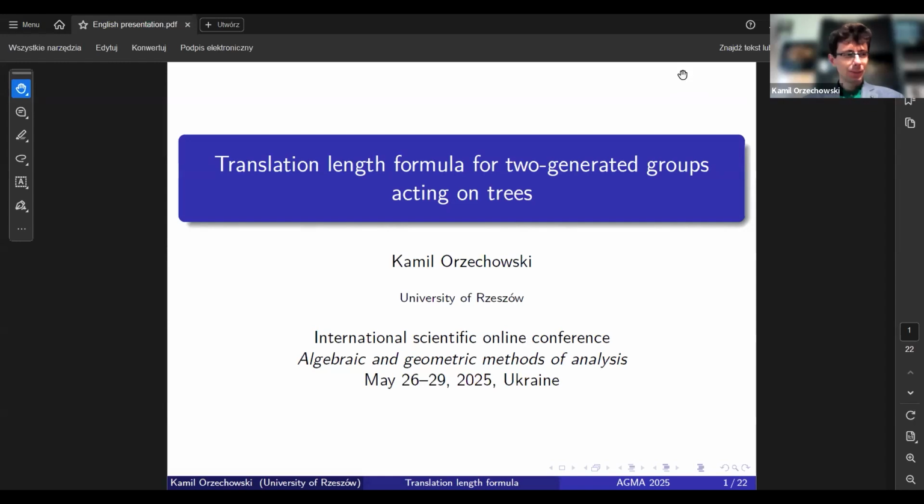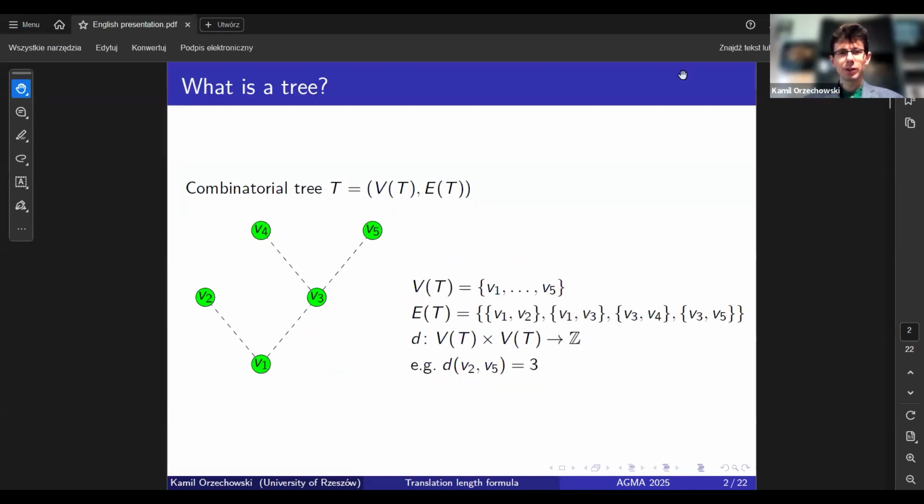Probably the first idea is a tree in graph theory, so-called combinatorial tree. It is a connected graph without circuits. Formally, a pair consisting of the set of vertices and the set of edges. I think that the notation, the picture is clear.